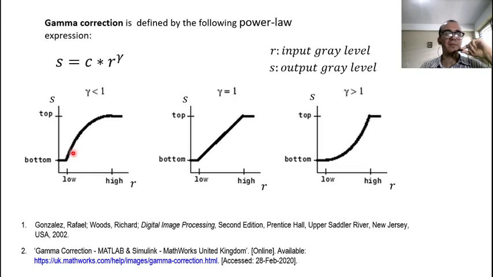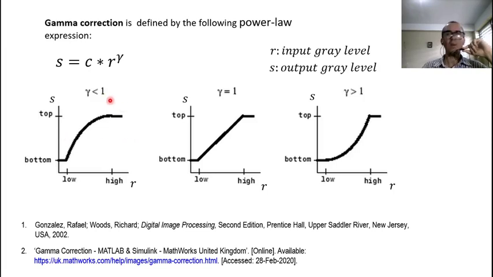This curve allows us to expand this narrow range of dark input values into a wider range of output values.